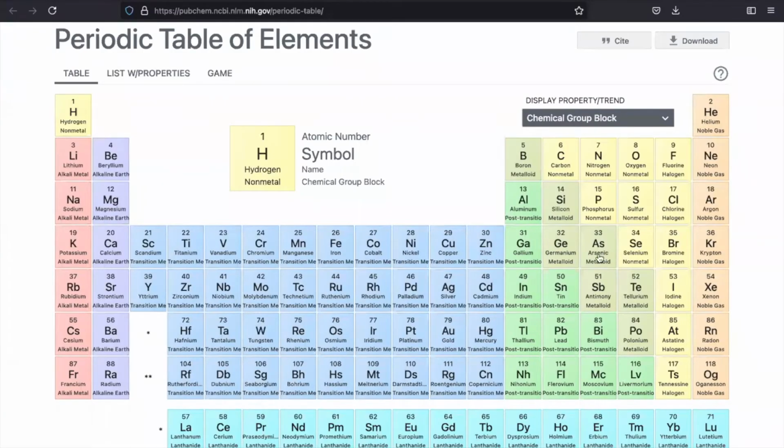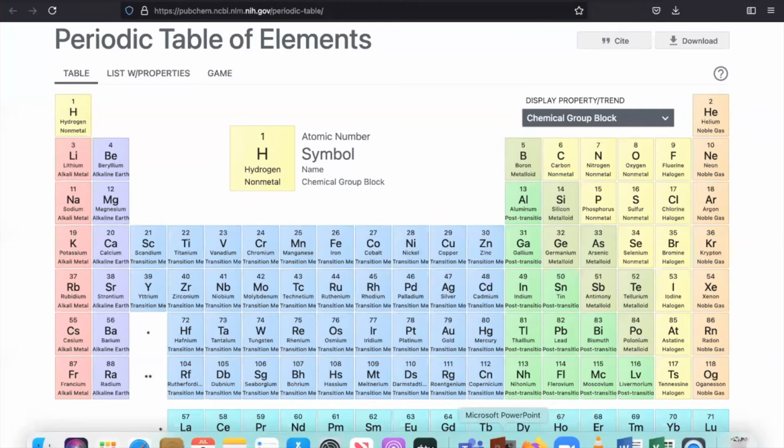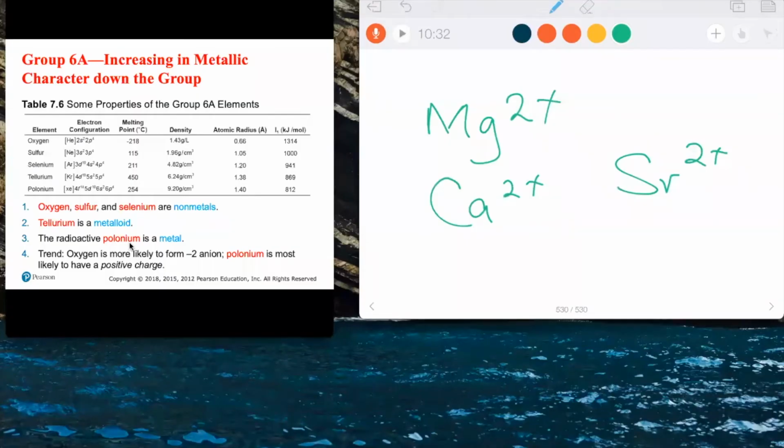Be careful when you pull stuff off the internet. Some may have slight variations. So some do consider it, but for our case, polonium is a radioactive metal.